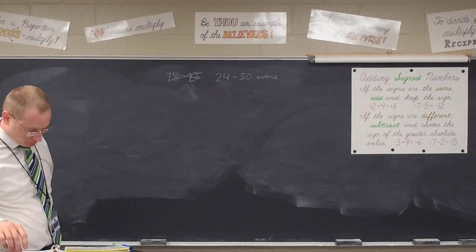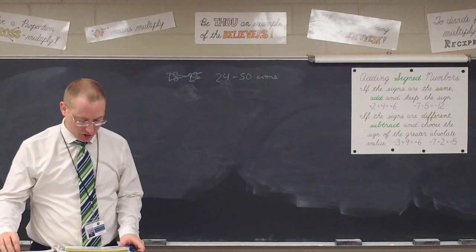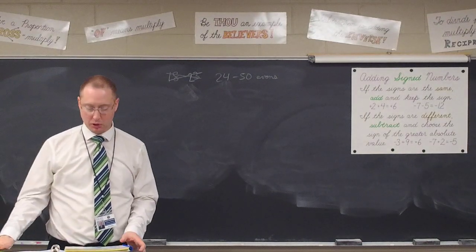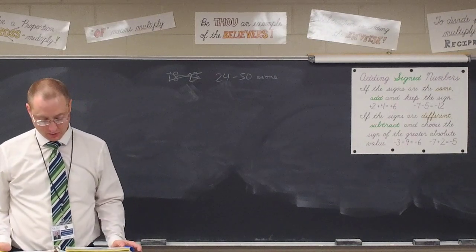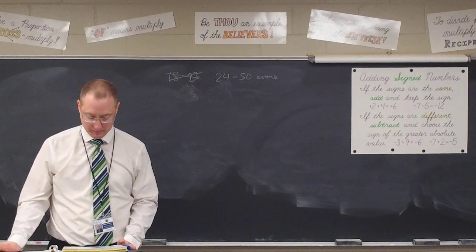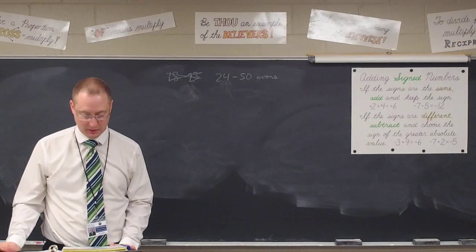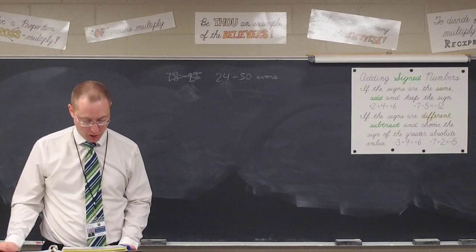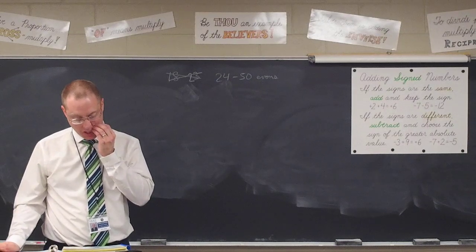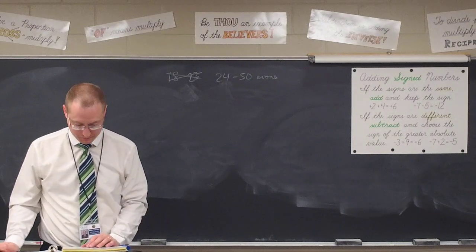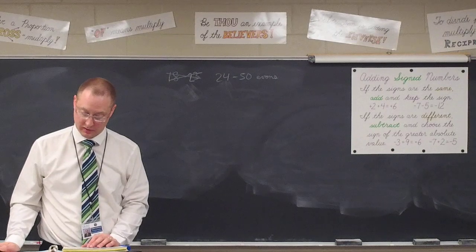Corey, have a seat. And Corey was first. Corey, what did you get for number 24? Negative 2. Number 26, Corey. Positive 6. Number 28. Negative 6. Number 30. 0. Number 32. Negative 1. Number 34. Positive 5. Number 36.